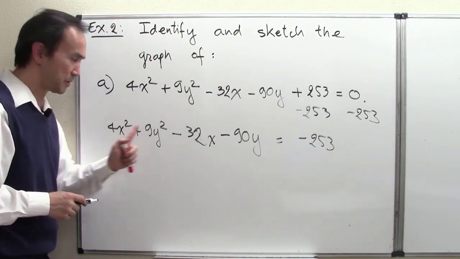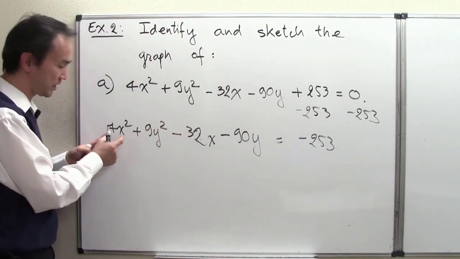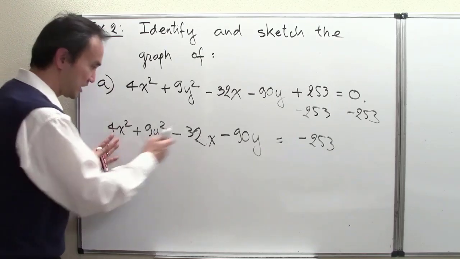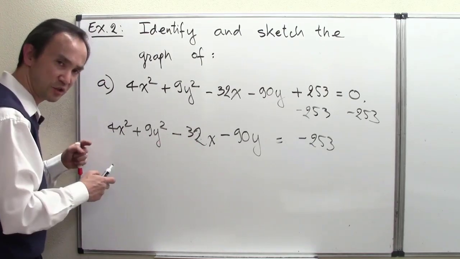So what I have just done, I brought that constant term to the opposite side. And now I'm going to purposely regroup all of the x terms together, including the x squared term and the x term. So I'm grouping the 4x squared and the minus 32x together in one group.